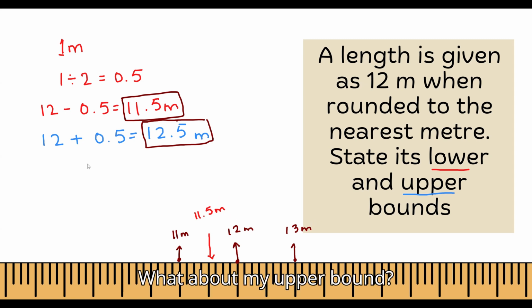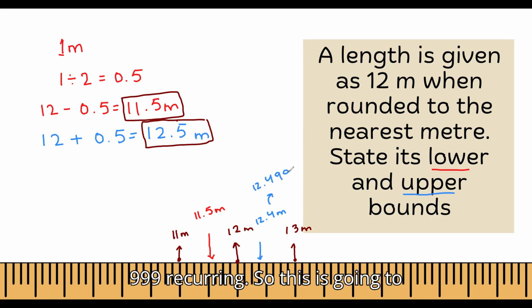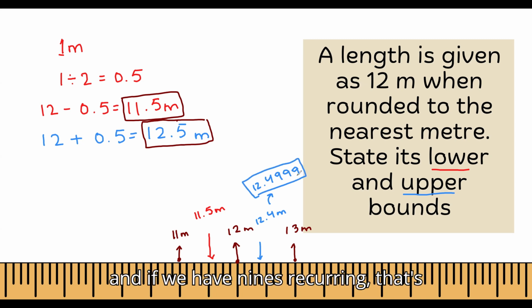What about my upper bound? So my upper bound is going to be 12.4 meters. Yes, but this can also be 12.4999 recurring. So this is going to round down to give me 12 meters. However, because this can be the situation, if we have 9s recurring, that's going to round this up to 12.5 meters.